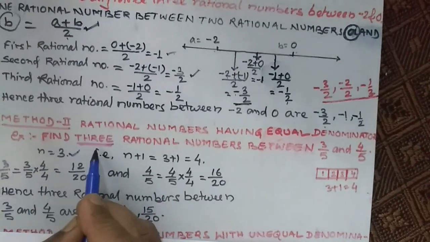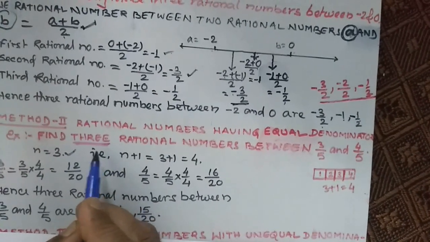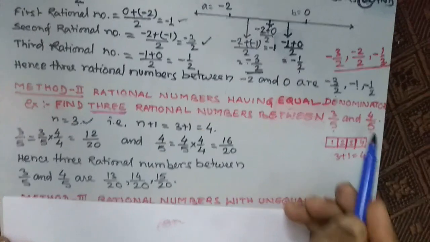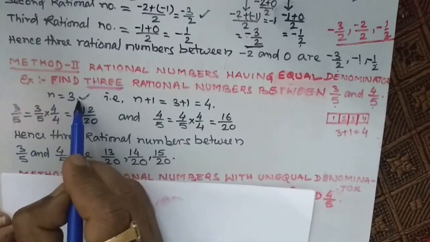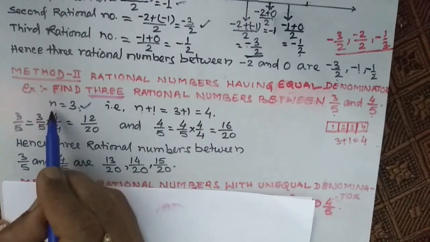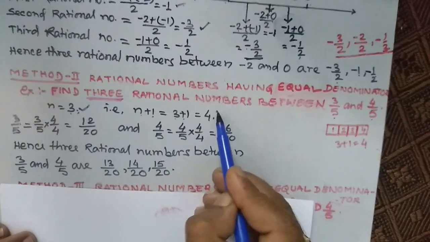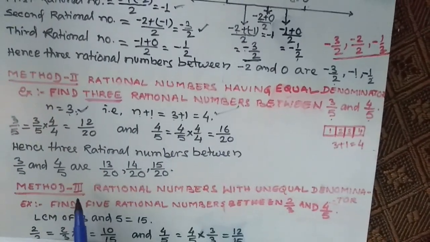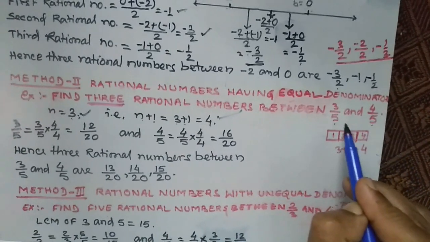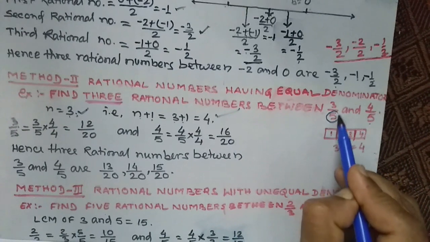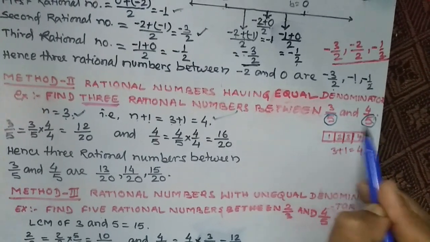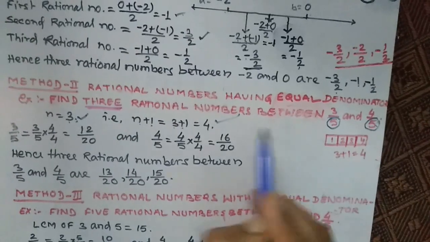The number of rational numbers you have to find between the given numbers 3 by 5 and 4 by 5 is 3. Now, n plus 1, that means n is 3, then 3 plus 1 is 4. Both the rational numbers have denominator 5; the denominators are equal.